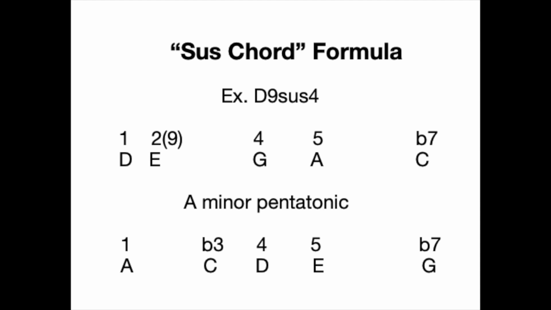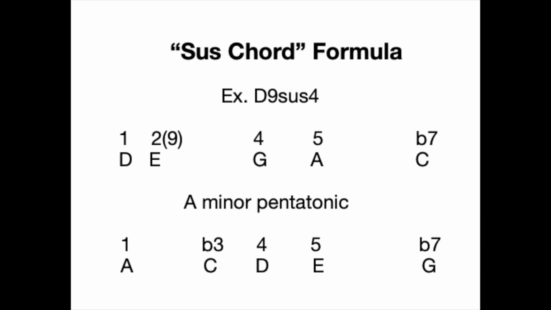Now, here's what I want to do. This sus chord is a kind of harmony called a quartal harmony. And we'll explore why it's called quartal harmony in a second. But first, look at this A minor pentatonic. Notice it's the same 5 notes, just ordered in a different order.